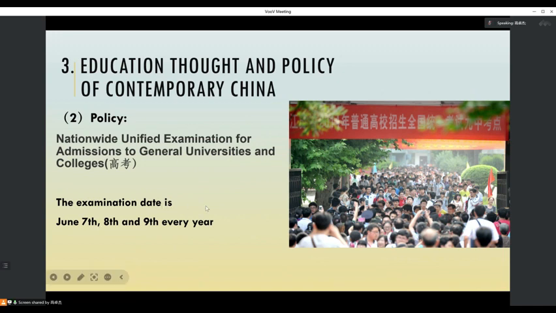The examination for admission to universities or colleges will be held on June 7th, 8th, 9th, every year.